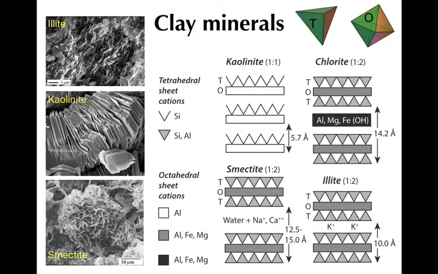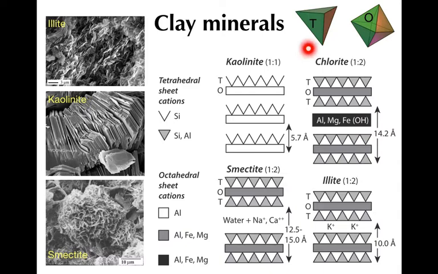Okay, well, mudstone provenance is a little bit more obscure. Mud contains clay minerals, of which there are four main types. All of these clay minerals are sheet silicates, which consist of two main types of layers.